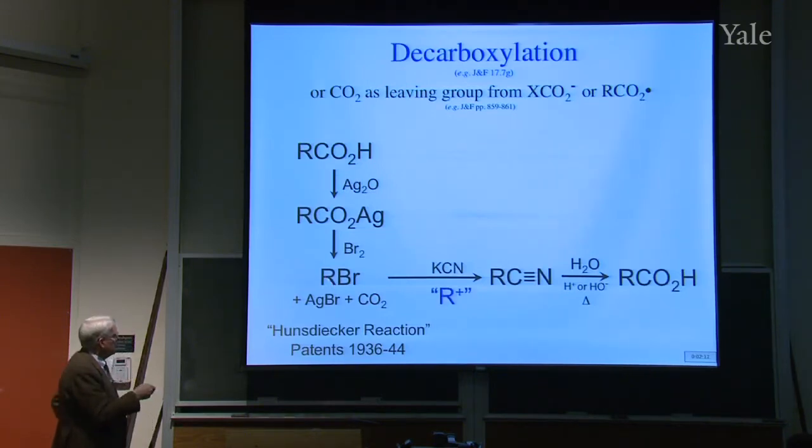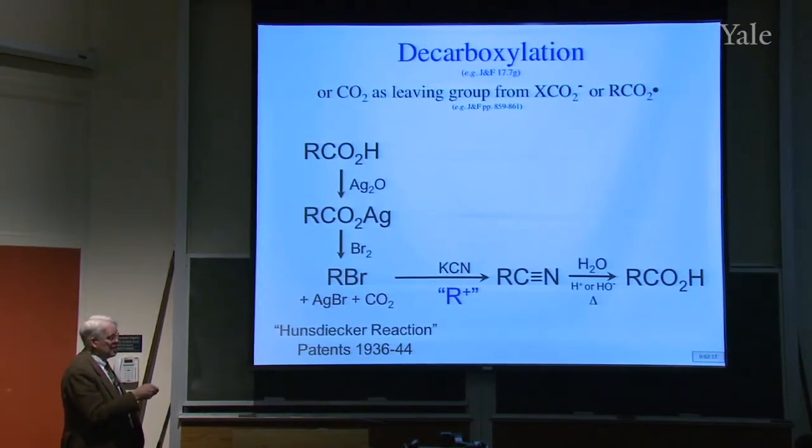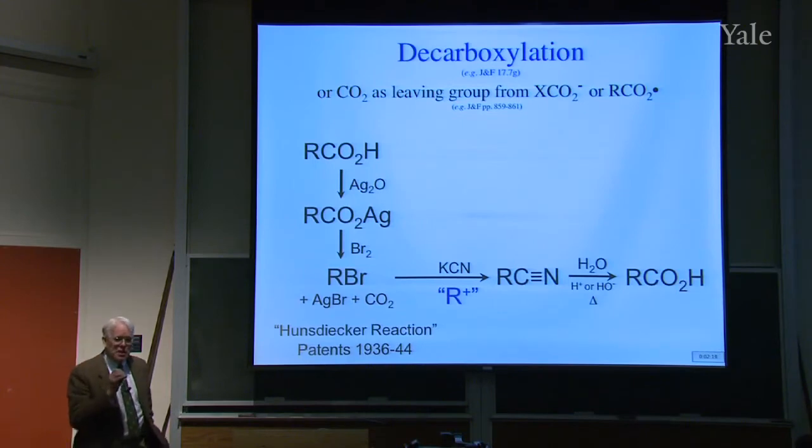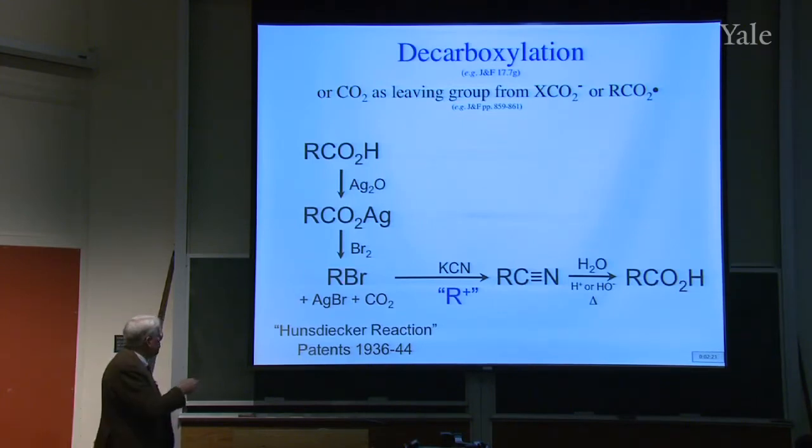Notice that this involves the R being R+, the thing with the LUMO, the sigma star that gets attacked by the cyanide. But there's another way to start with RBr, where R is R-. It's a HOMO that does the attacking. So how would you convert RBr into something that's like R-, something that has a high HOMO?